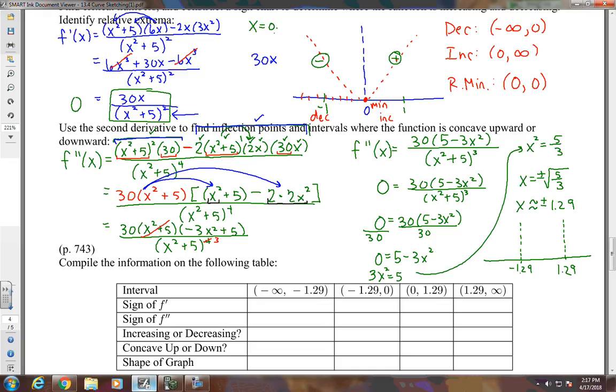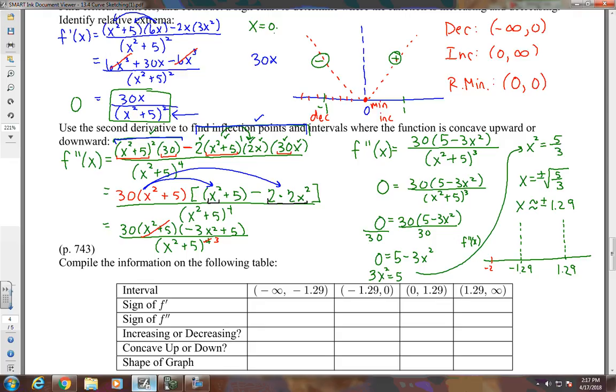We need to figure out the sign of our second derivative. So I'm just going to put f double prime of x over here. That's what I'm testing. So let's choose a test value less than negative 1.29. Let's try something easy like negative 2. Okay?